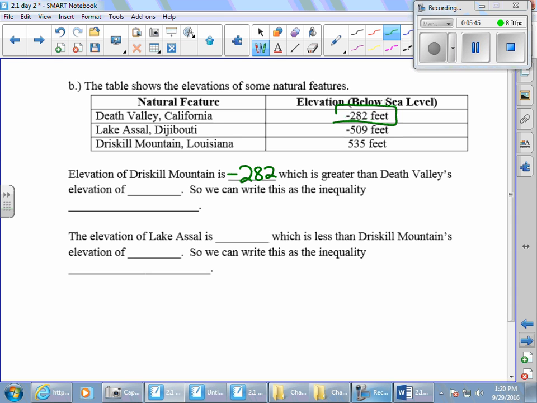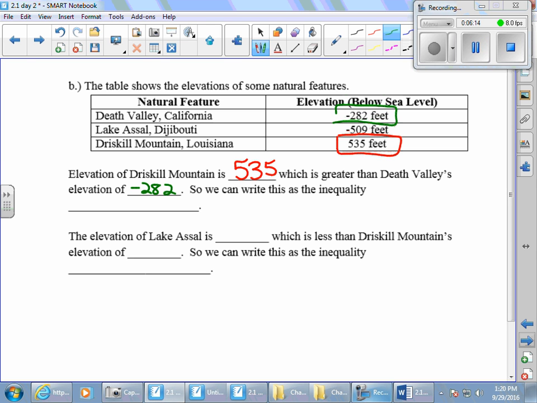Oh no, that was Death Valley. Sorry, let's refresh that. Driscoll Mountain is 535 feet, which is bigger than or higher than Death Valley's elevation of negative 282.